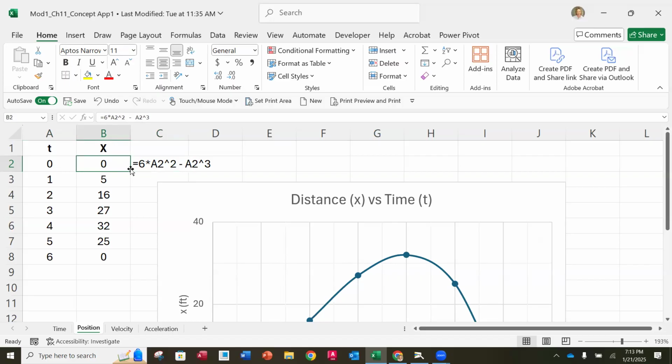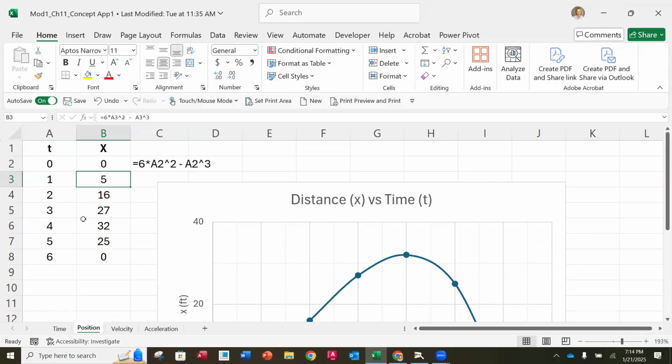So once I had that there, I then simply copied it down, and each time it incremented to the next second, it substituted the value for whatever the time was for the variable A2. And as we go down, for 1 second, you're going to notice that my X distance, or my position, is 5 units.